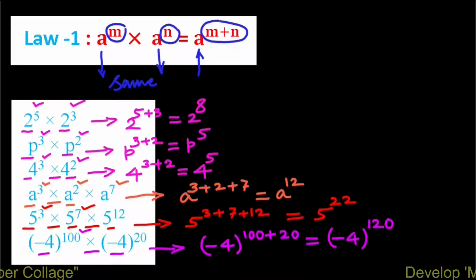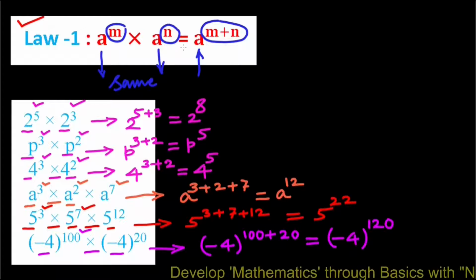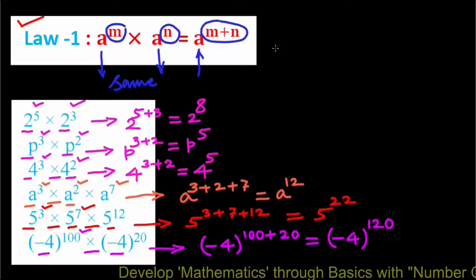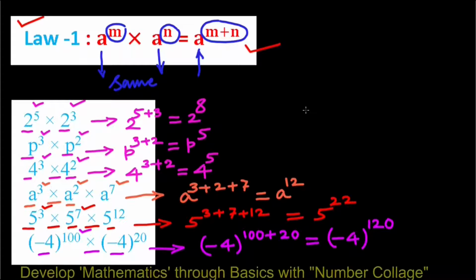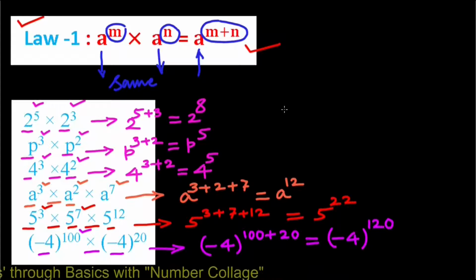So this is how we can apply the first law of indices: a raised to m into a raised to n equals a raised to m plus n. It is important to note that we cannot apply this law if the bases of the two numbers are not the same.